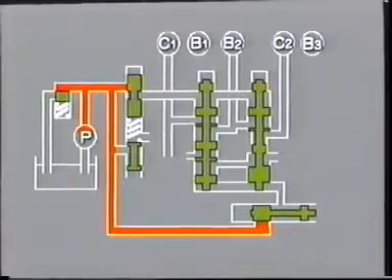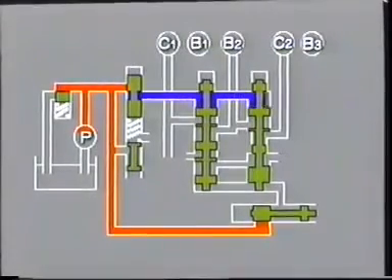The throttle pressure generated by the throttle valve acts on the upper end of the shift valves. And the governor pressure generated by the governor valve acts on the lower end of the shift valves.